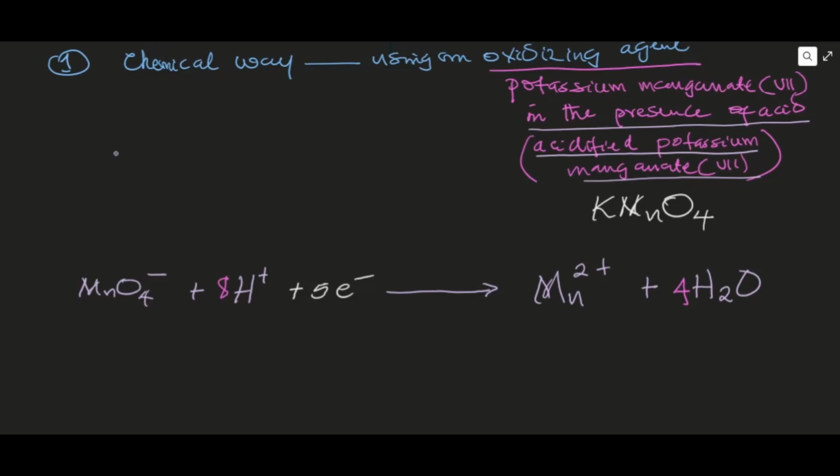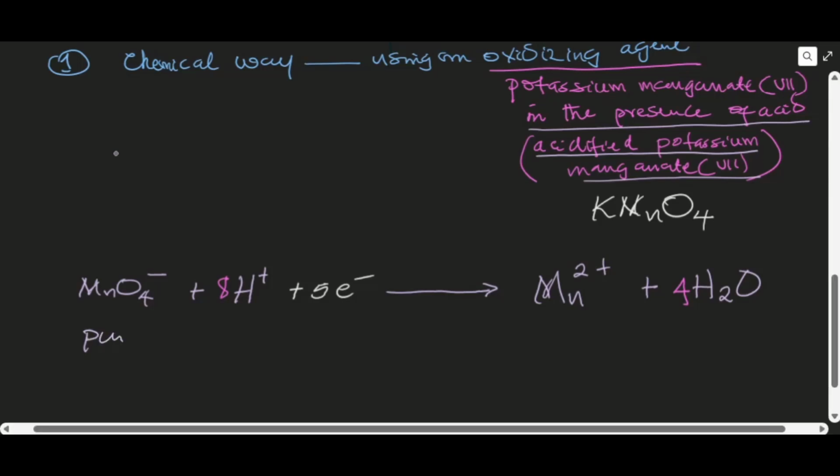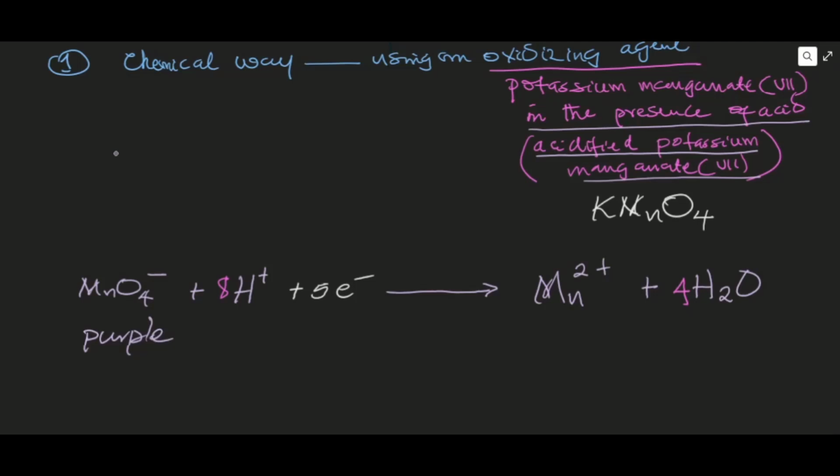The manganese 7 ion is purple, that is KMnO4 is purple, that's the color. Once it undergoes reduction with the ethanol, the manganese 7 ion will be reduced to manganese 2 ion, and manganese 2 ion does not have color, so it's going to be colorless.